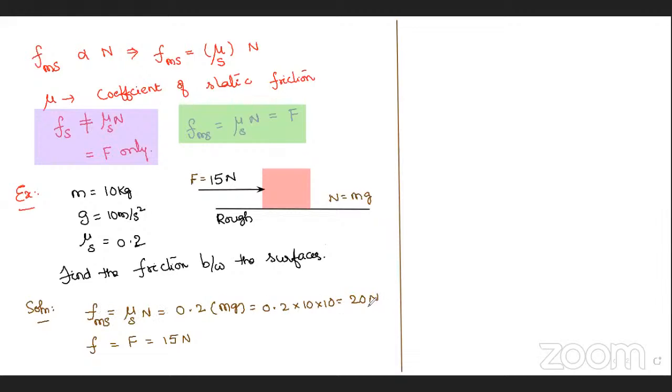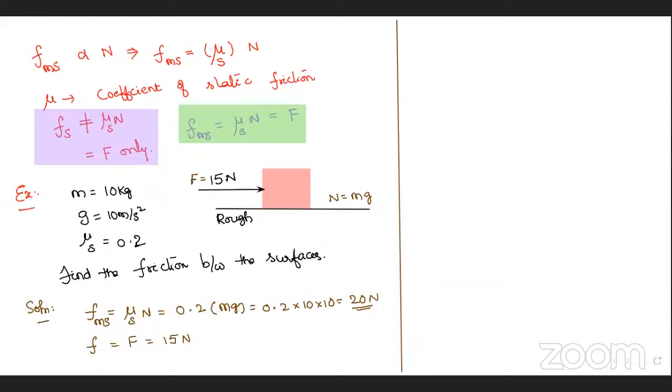Here I calculated 20. While explaining to Lakshmi Gayatri, I gave one example: until you apply 50 newtons, the body is at rest. In the same way, the maximum value of static friction is 20 newtons, meaning until you apply 20 newtons, the body is at rest. But I applied, unfortunately, less than 20.